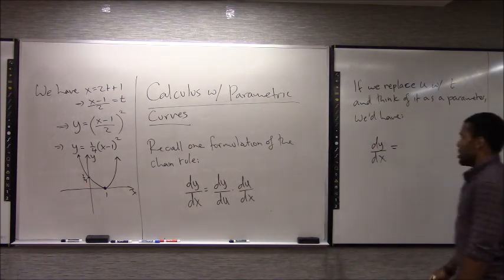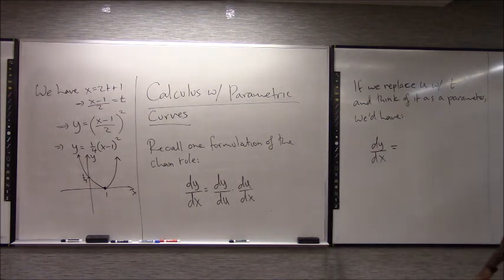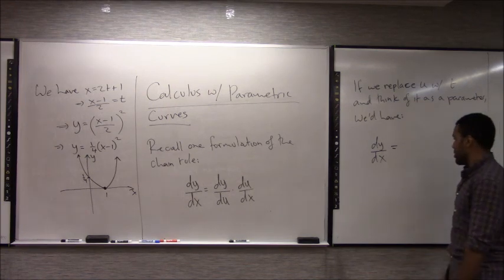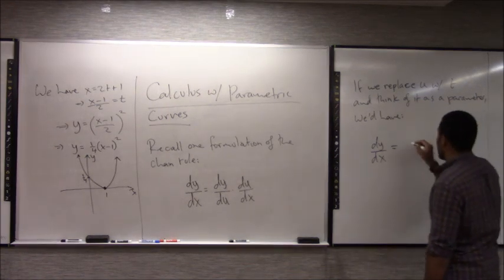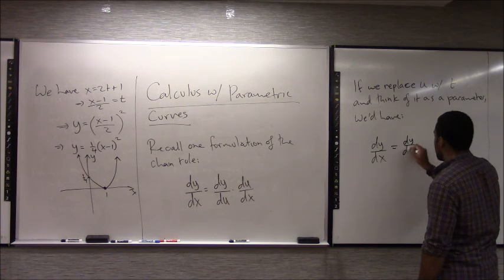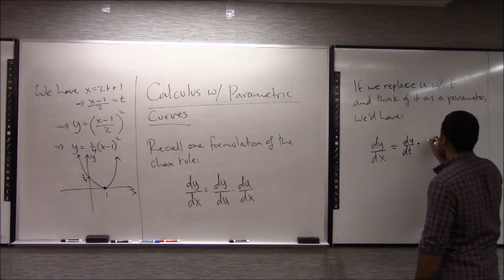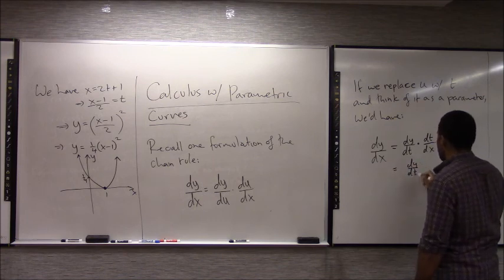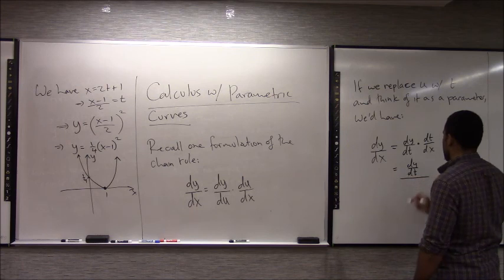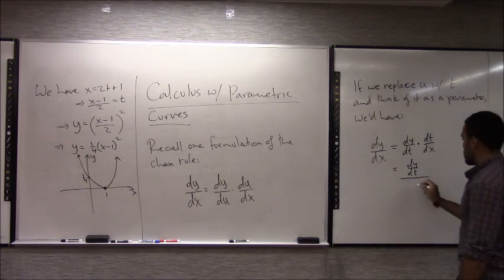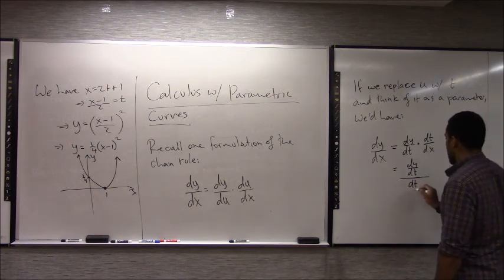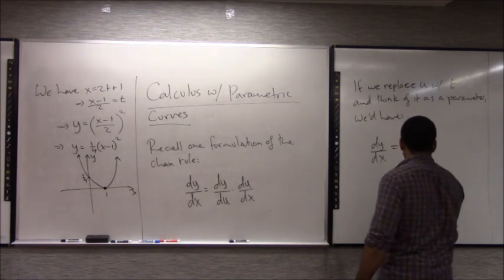In other words, the slope of the tangent line to the curve y equals a function of x at the point x. We can think of that as dy/dt times dt/dx, but whenever your dt is non-zero, I can take its reciprocal and move it to the bottom. And so I would have dx/dt.